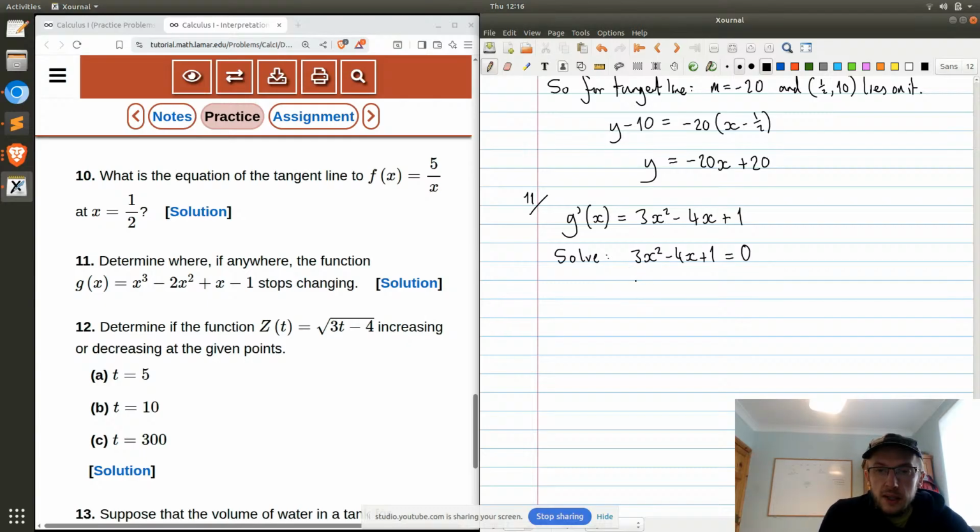I don't know if it factors. Let's just see. And there you go. So at negative 1/3 and 1, g prime of x will be 0. In other words, where the function stops changing.